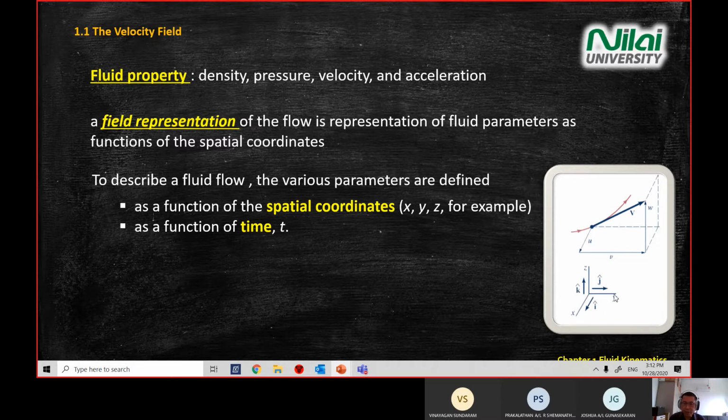For y, you use j hat, and for the z axis, we use k hat. You learned this in your earlier modules or mathematics, calculus, and the vector chapter. So this is a three-dimensional axis.